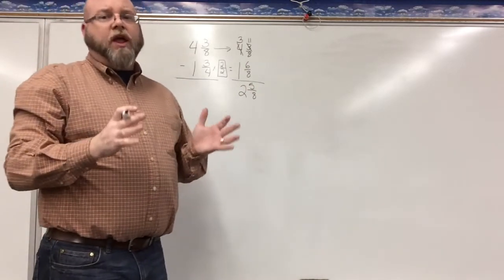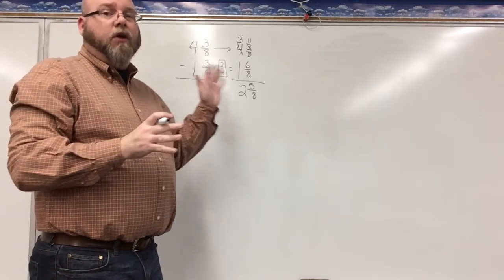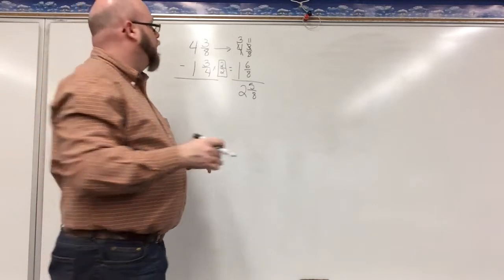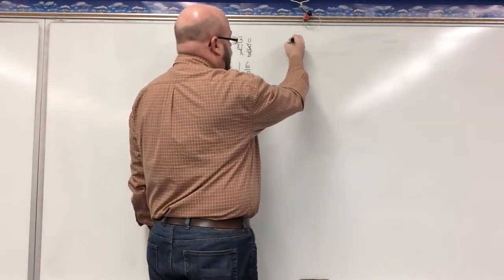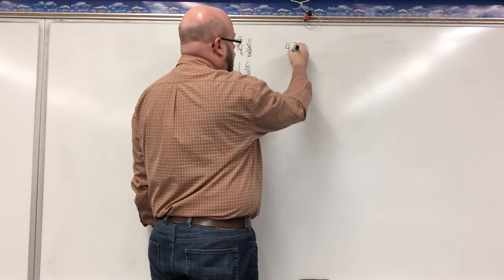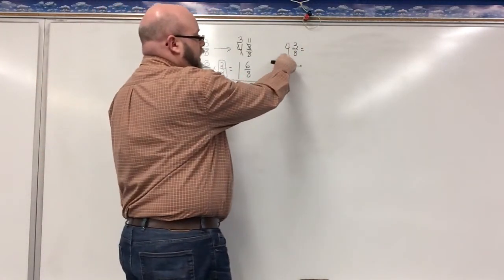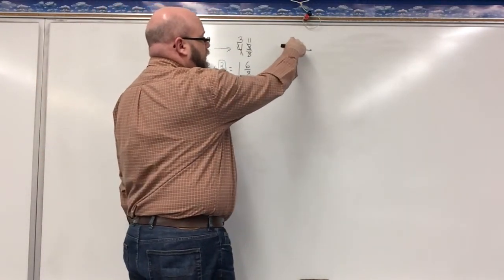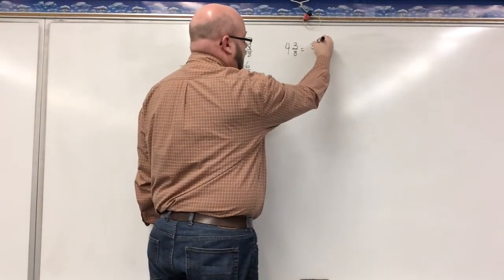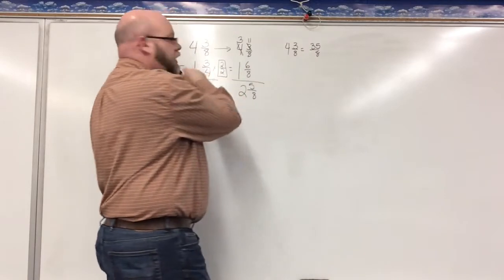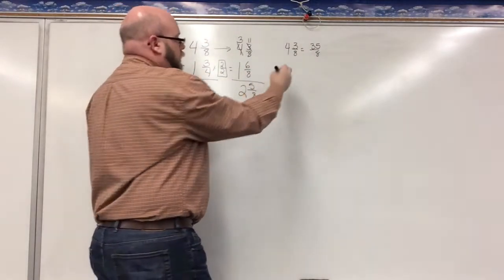If we were to do this same problem, converting it over into improper fractions and then subtracting, let's look and see how that would work. So I have 4 3/8, and I'm going to change it to an improper fraction. 8 times 4 is 32, plus 3 is 35 eighths. And then I have 1 3/4.